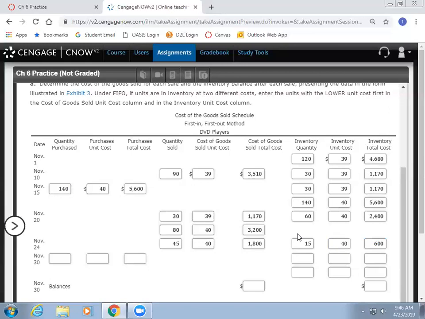On the 30th, we made another purchase. So we're over on the left-hand side. We purchased 160 units. And they told us we purchased them at $43 each. 160 units at $43 each, 6,880. 6,880 should be your total purchases cost.